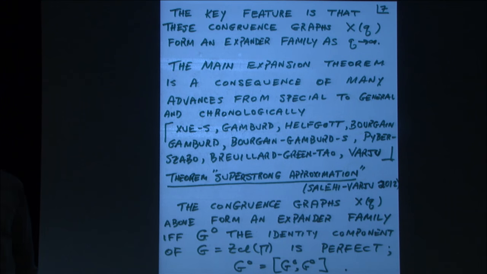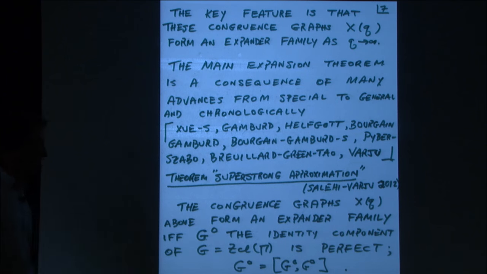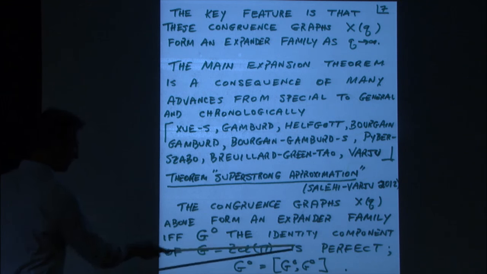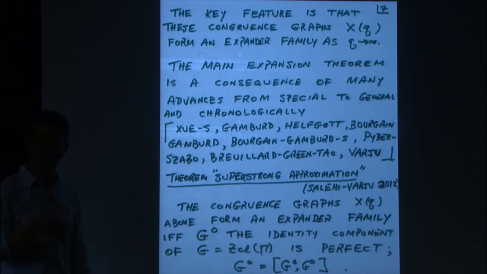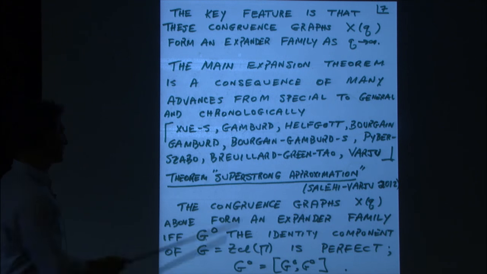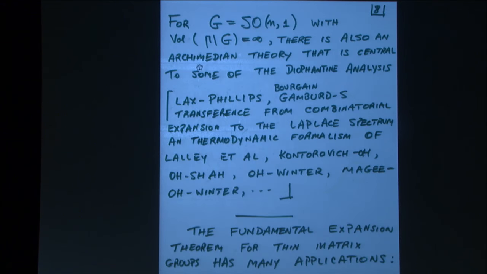Gamma's gone, so it's just about G, the Zariski closure. If its connected component is perfect, then it'll form an expander family, and otherwise not. And as I said in his lecture, if this fails, then it's not difficult to see that you can't have a full expansion property. So the one way is easy, the other way is extremely involved, and many people have contributed to it. So that's the basic expansion theorem.